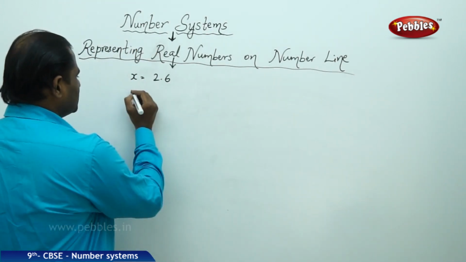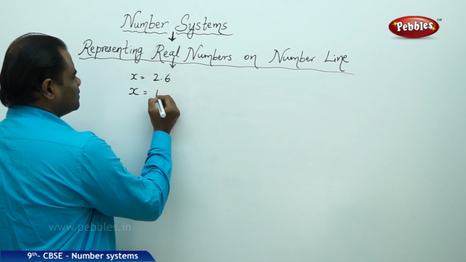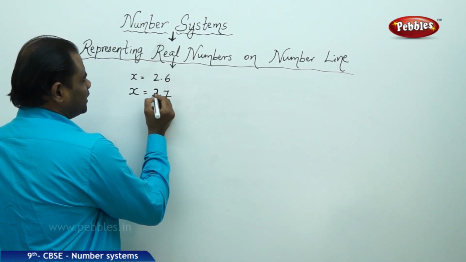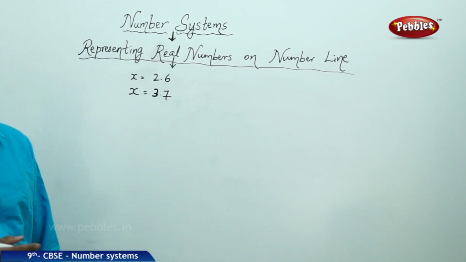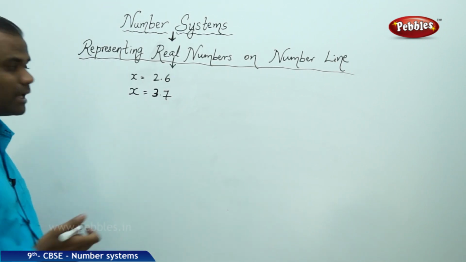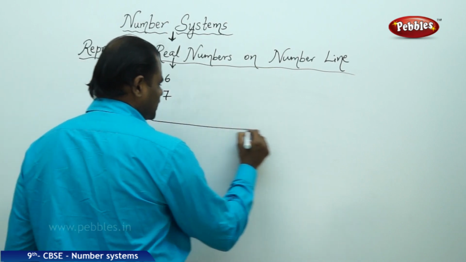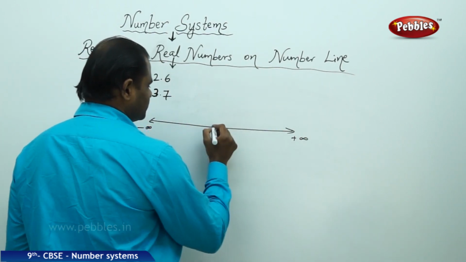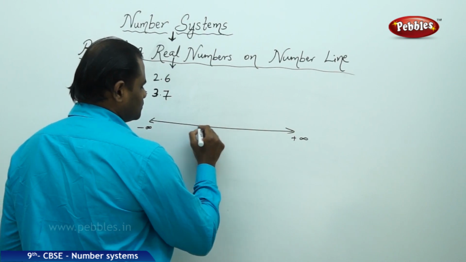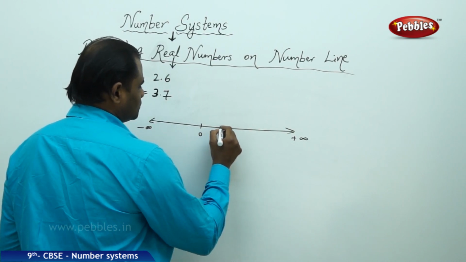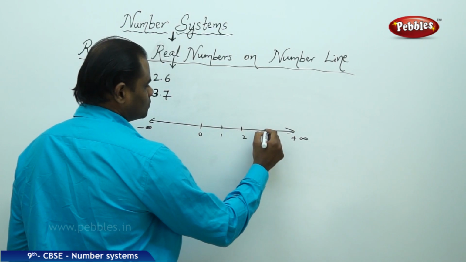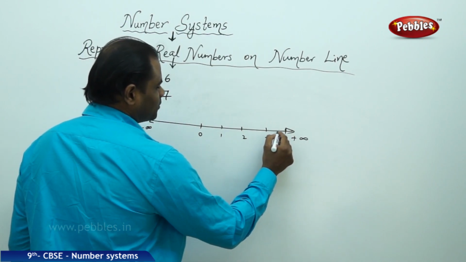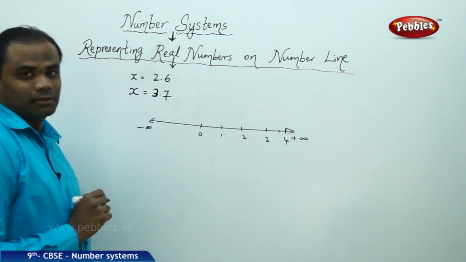Or say for example, I take x equals 3.7. I find 3.7 to be easily located on the number line, because if I have the number line with minus infinity, plus infinity, 0, 1, 2, 3 and 4, etc., then I find 3.7 approximately here.